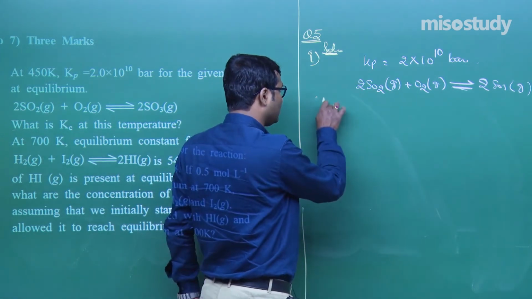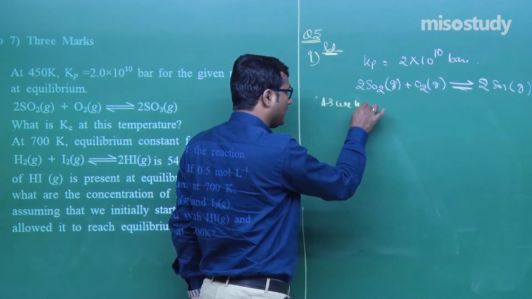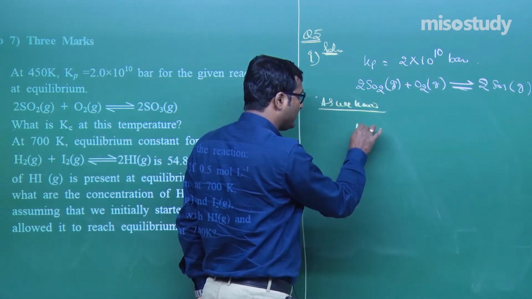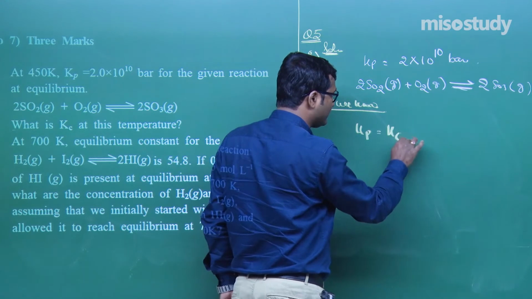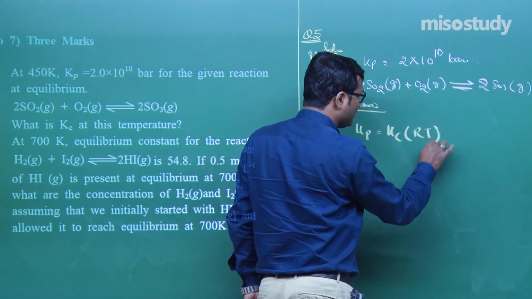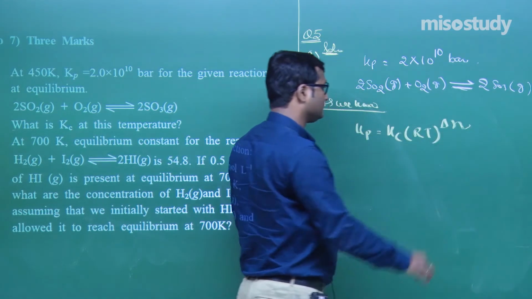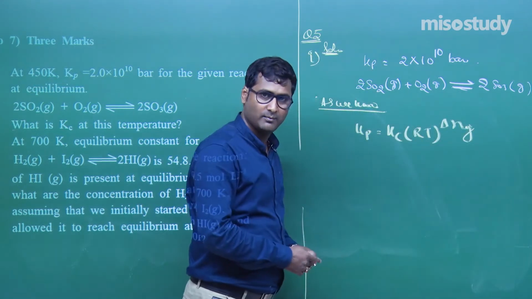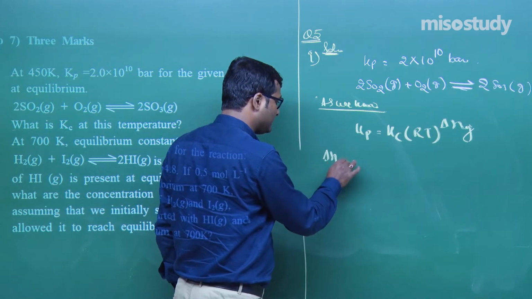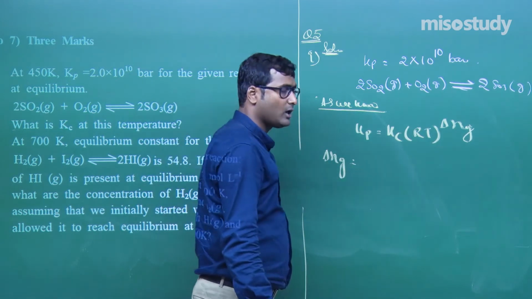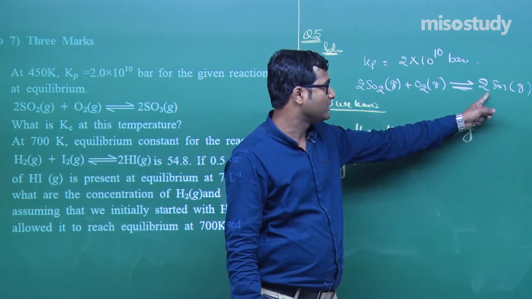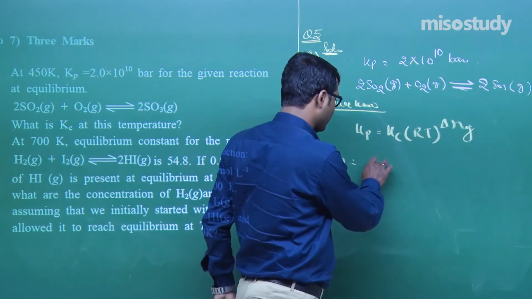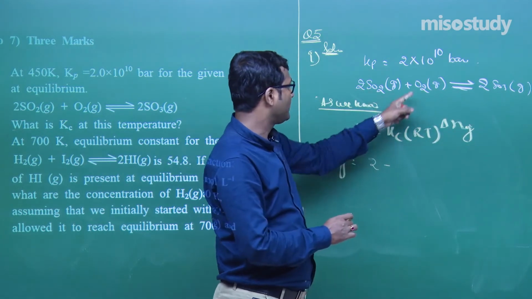As we know, it's very simple. Listen. Kp is equal to Kc (RT) to the power delta n. Delta n, that is delta Ng. Remember? Now, what is delta Ng, my friend? Number of moles of gaseous product, 2, minus reactants 2 plus 1, 3.